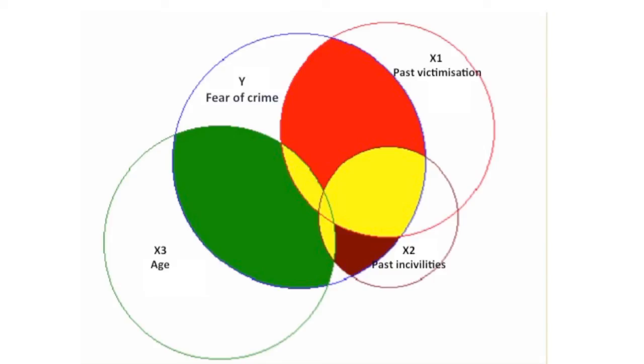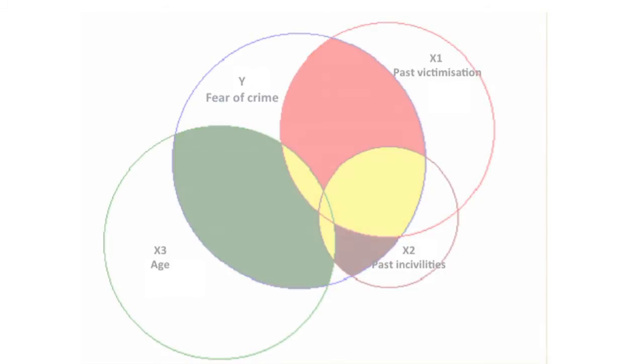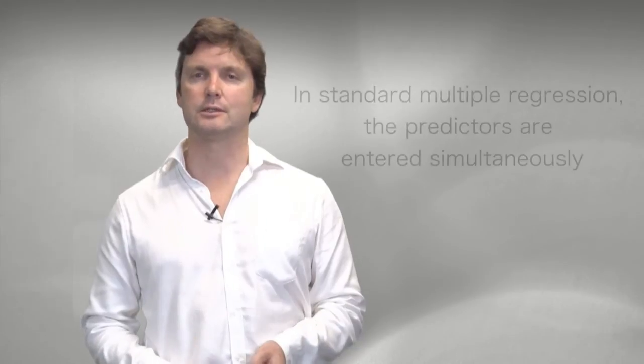Now, if you look at this figure, the three predictors all seem to have a reasonable overlap with y, but their unique overlap is rather smaller, especially for x2, which is the variable for past incivilities in the neighbourhood. Now, I would not be surprised to find significant correlations with y for all three variables, but non-significant semi-partial correlations for x2. This highlights another problem of correlated predictors.